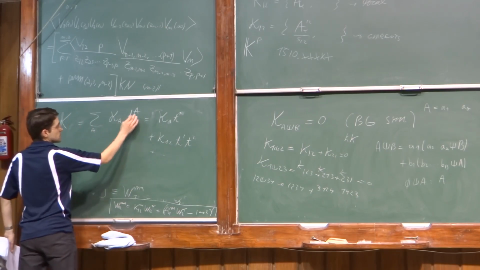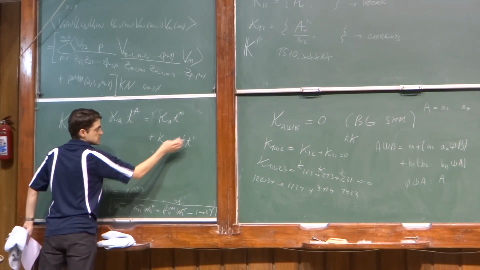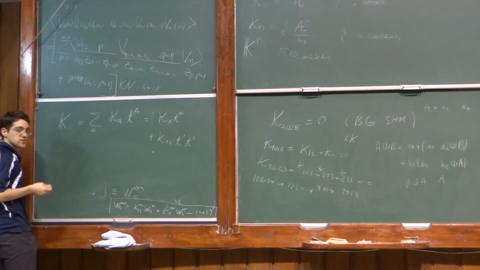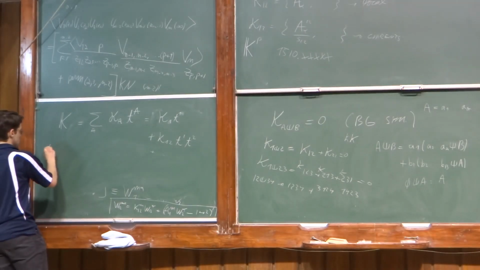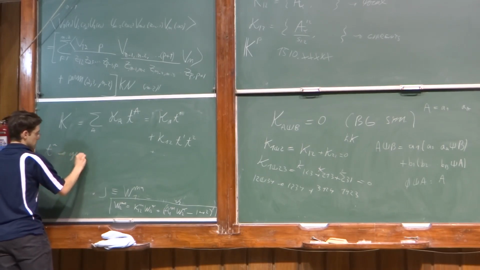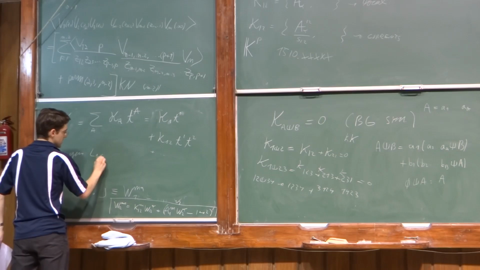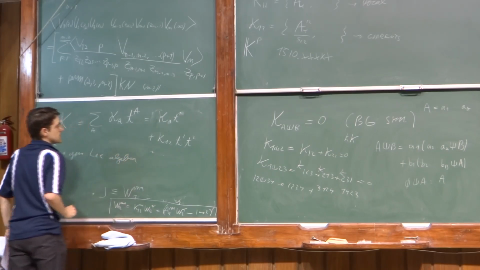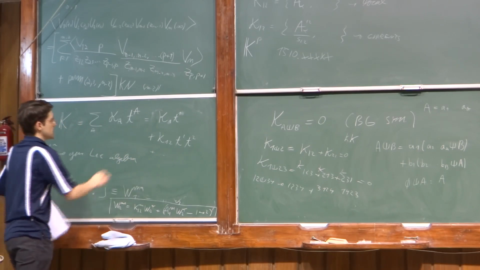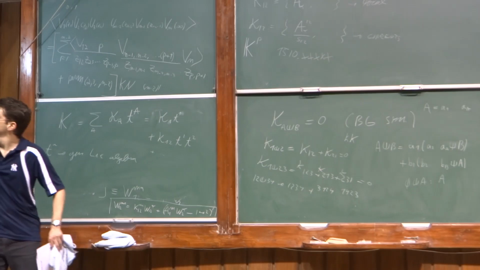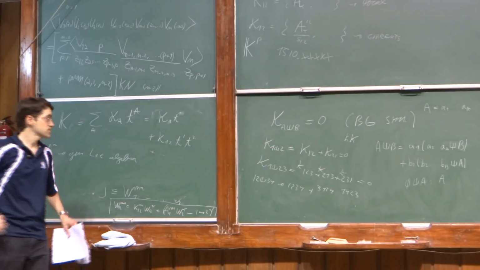And these T's are the generators of a Lie algebra. So T_A are generators of a Lie algebra. And the curly K's are the Berends-Giele currents for any type of superfield.